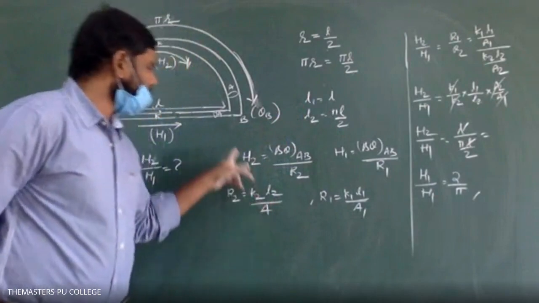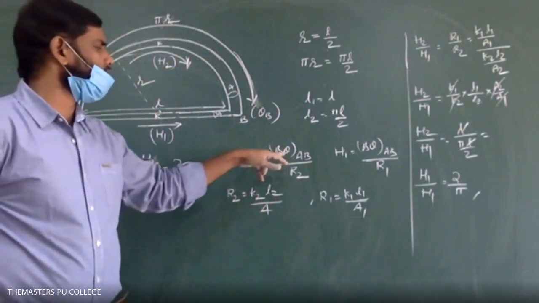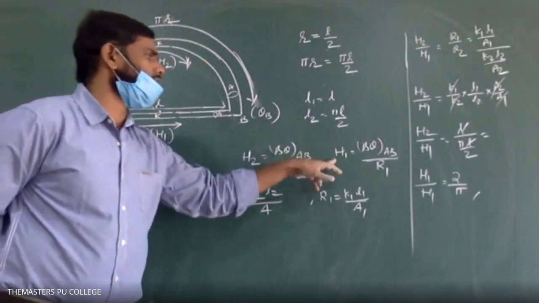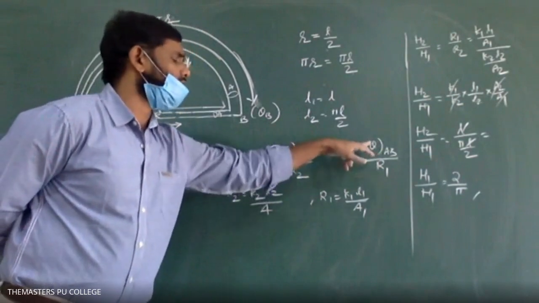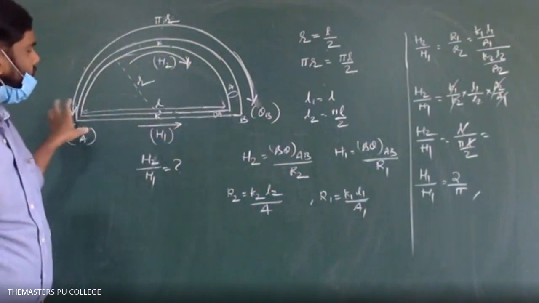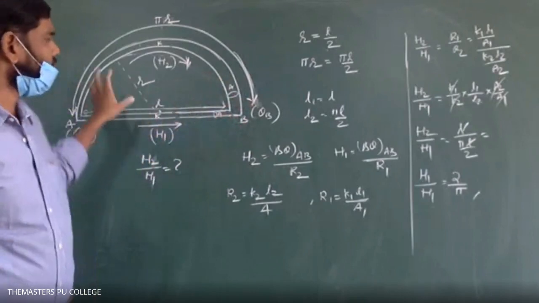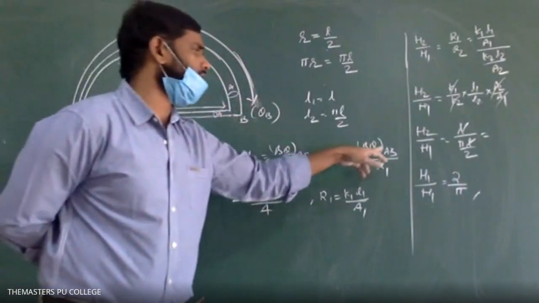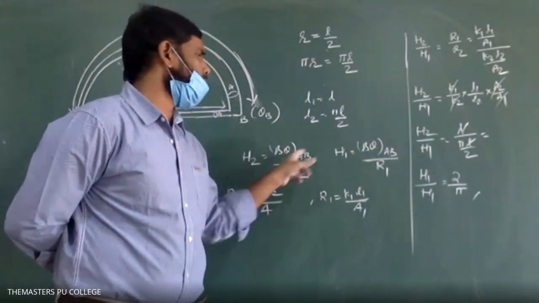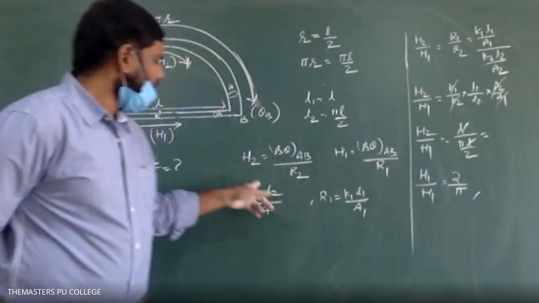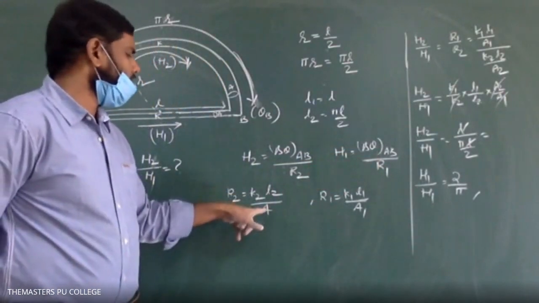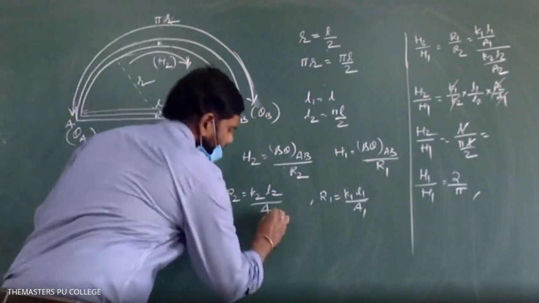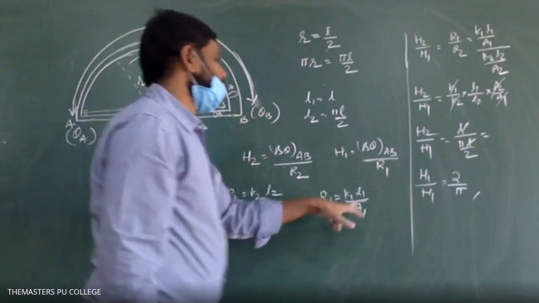So the rate of heat flow through the semicircular rod, H2, is equal to delta theta by R2, and H1 is equal to delta theta of the straight rod AB, because both ends A and B are common, so delta theta of AB is the temperature difference between the points A and B, divided by R1. R2 is equal to K2 L2 by A2, and R1 is equal to K1 L1 by A1.